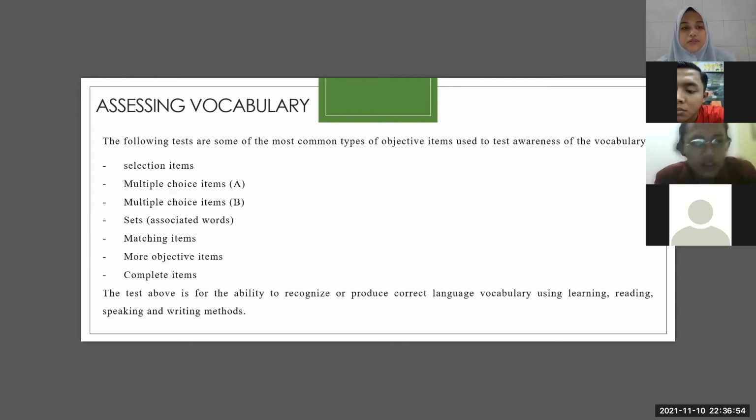Selection items, multiple choice items A, multiple choice items B, sets of associated words, matching items, more adjective items, completion items. The tests above are for the ability to recognize or produce correct language vocabulary using listening, reading, speaking, and writing methods.